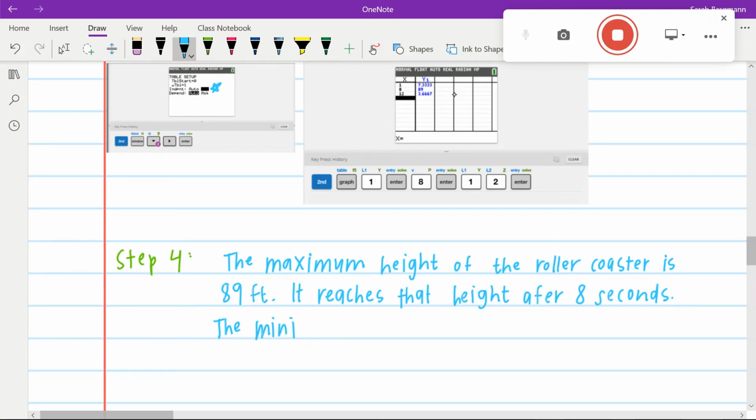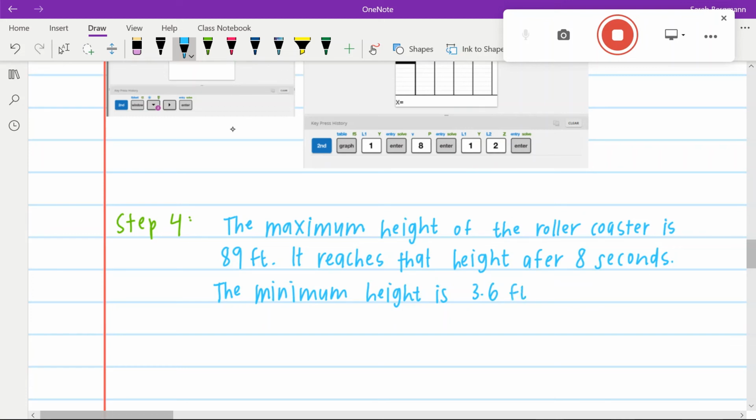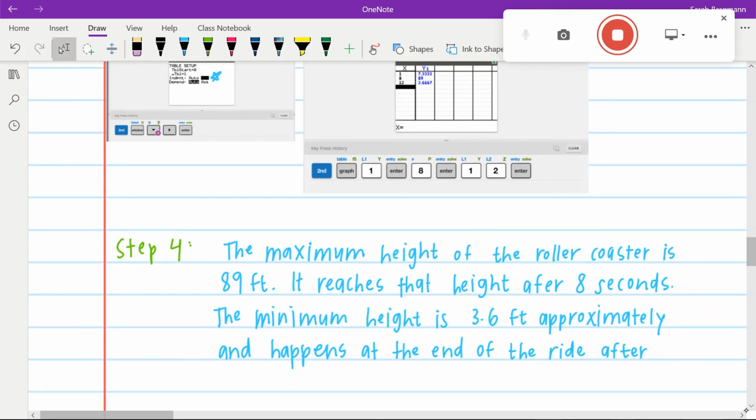Similarly, the minimum height is 3.6 feet approximately, and happens at the end of the ride after 12 seconds. That will be your final answer.